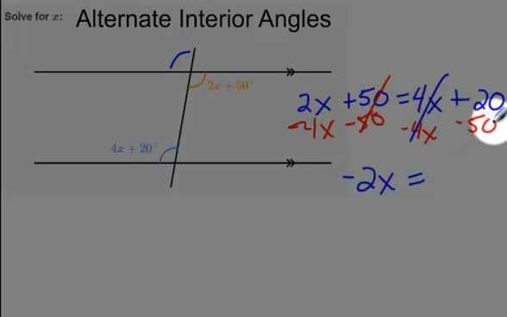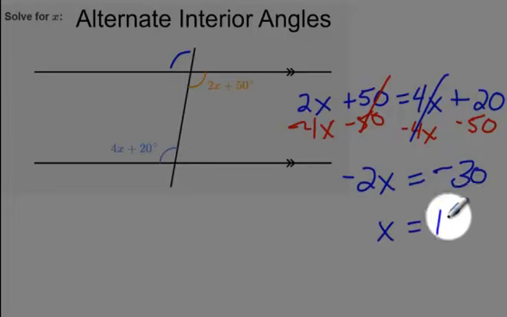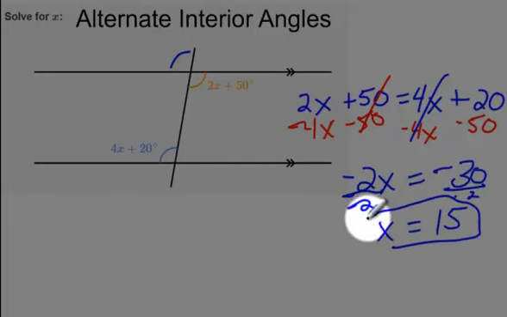Minus 50. 20 minus 50 is minus 30. Divide both sides by negative 2, and you're going to get 15 as an answer. That looks very familiar to the last question.